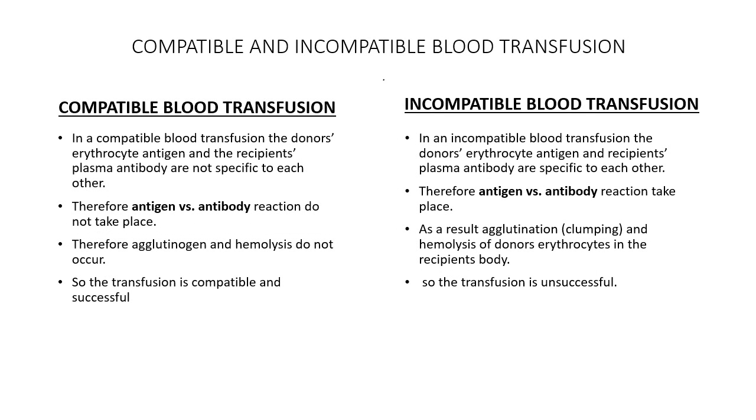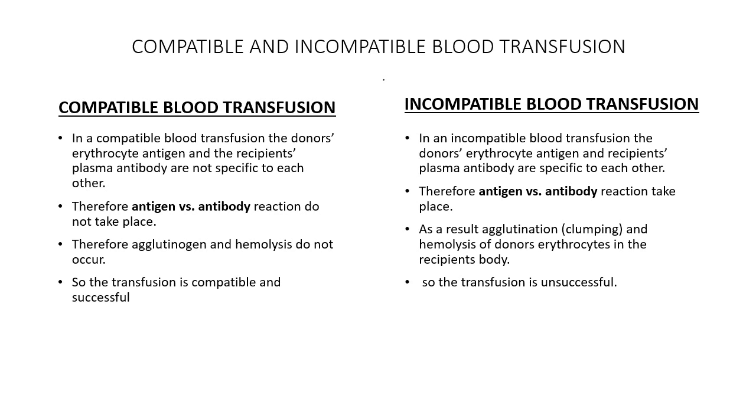Blood transfusion are categorized into two methods as incompatible blood transfusion and compatible blood transfusion. Let's first take a look at compatible blood transfusion. In a compatible blood transfusion, the donor's erythrocyte antigen and the recipient's plasma antibody are not specific to each other.